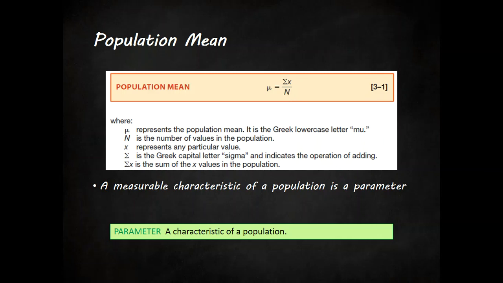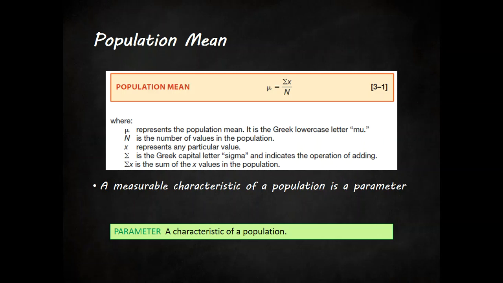Like, for instance, if you're looking at all of the cars that were sold at an auto dealership for the entire year or for an entire month, that would be a population. But if you're looking at just a sample or a portion of those cars, then that would be a sample of the population. So a measurable characteristic of a population is a parameter.